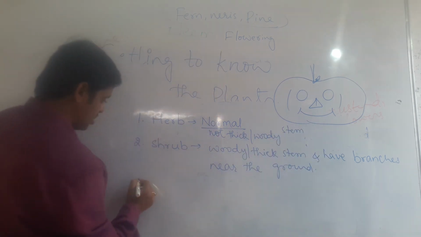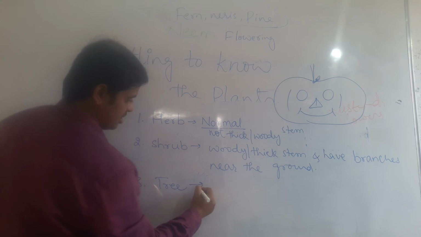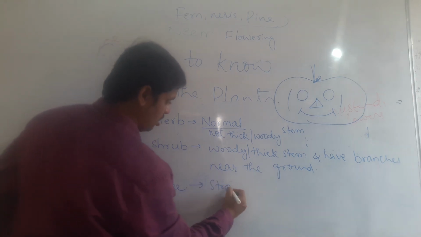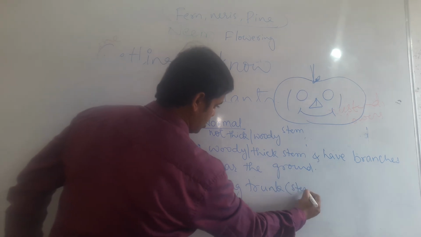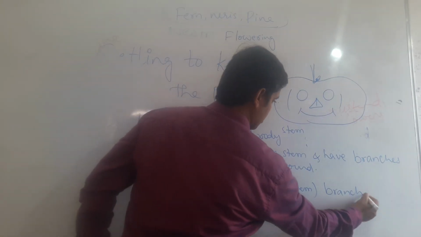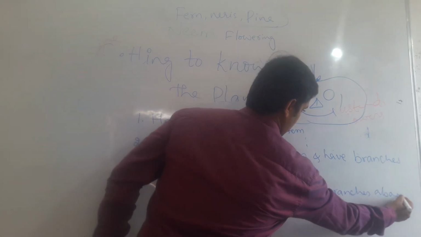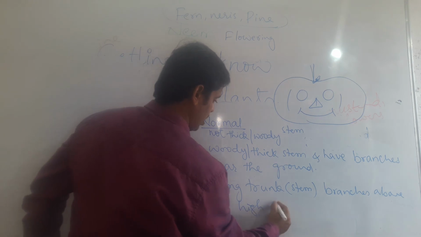And next, third one, tree. What is tree? It has a strong trunk, nothing but stem, thick stem, right? And branches above the height of the ground.